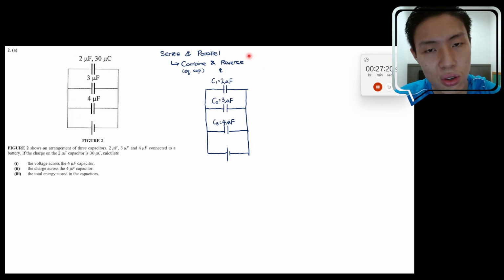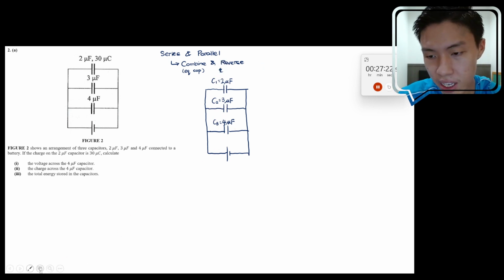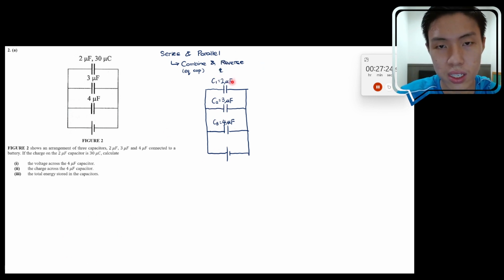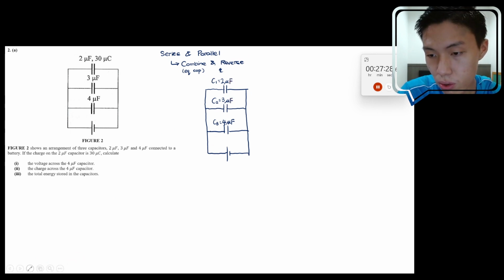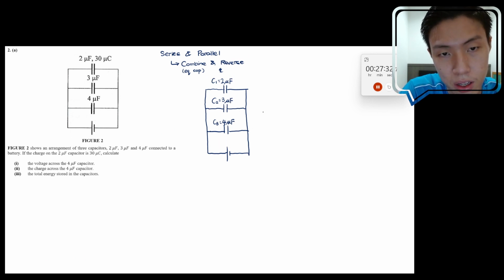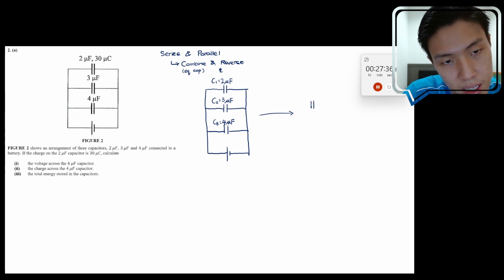So we are going to combine it. We know that C1, C2, C3 should combine in parallel. Combine them in parallel, and you get one single capacitor connected to a battery.